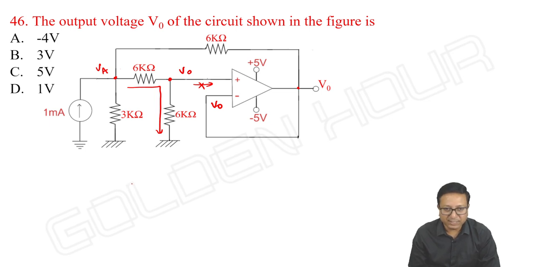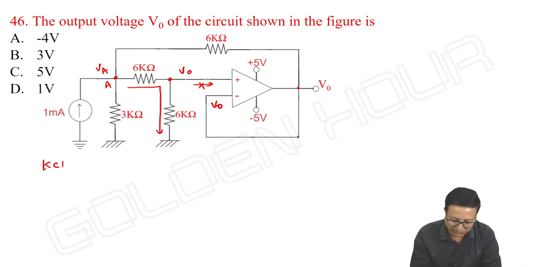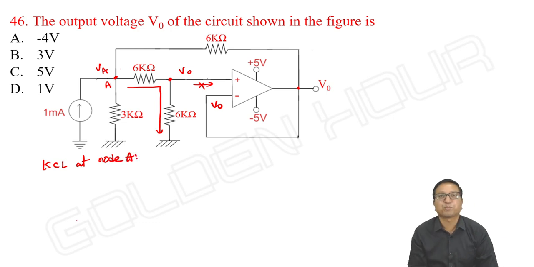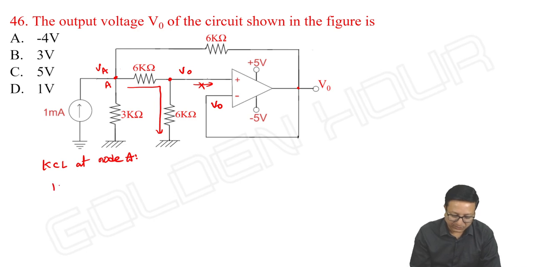Then let us take the node equation here. Let me take KCL at node A. 1 milliampere is entering, so 1 into 10 to the power minus 3 is equal to the leaving currents.